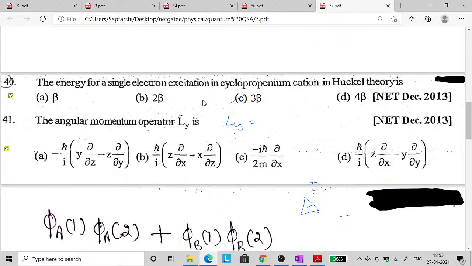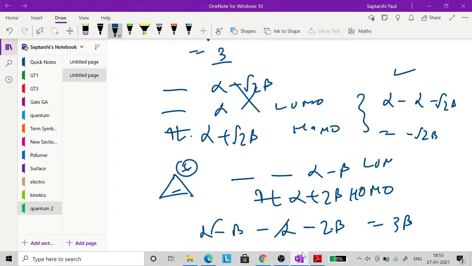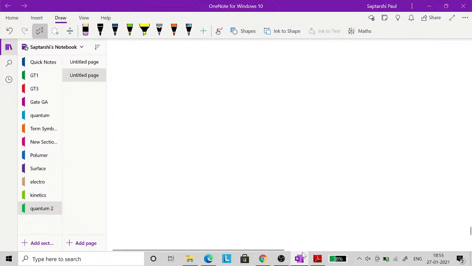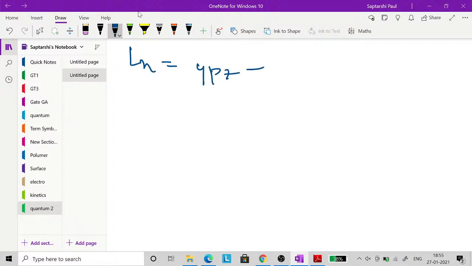So let us look into the concepts of angular momentum. Your angular momentum Lx is equal to y pz minus z py. So it actually goes in this fashion, like x, y, z, right?